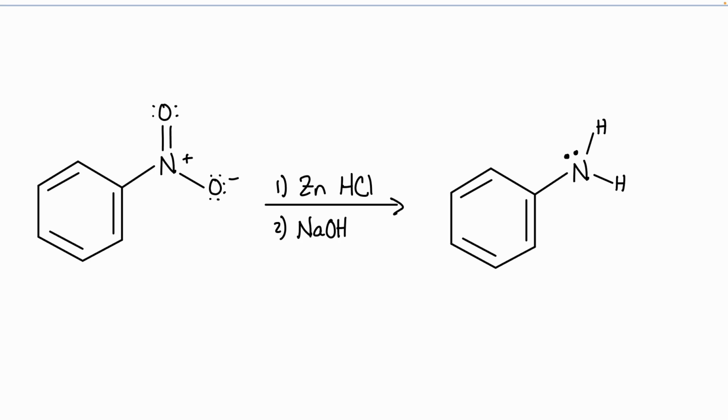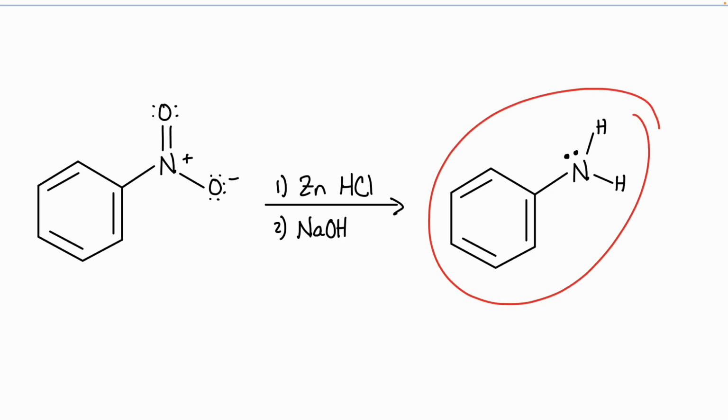You do see zinc a lot in organic chemistry specifically because, as a metal, it doesn't hold on to its electrons very tightly, and that's key here. But for right now, you're just going to trust me. Zinc, HCl, and NaOH will convert that nitro group into aniline. Just to be clear, we had a special name for this benzene derivative, aniline. That's why I keep calling it that.